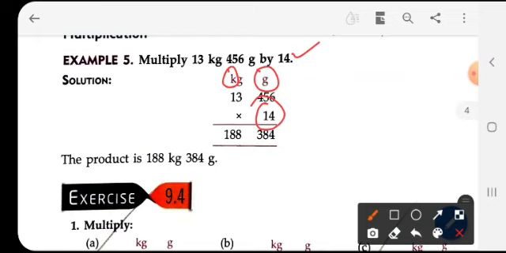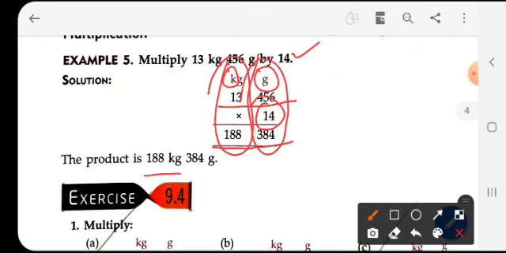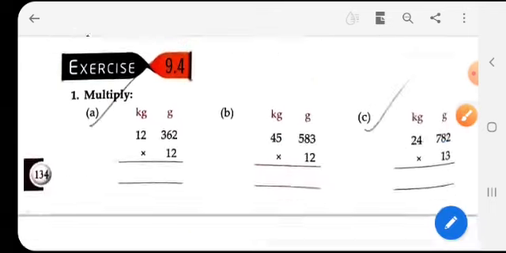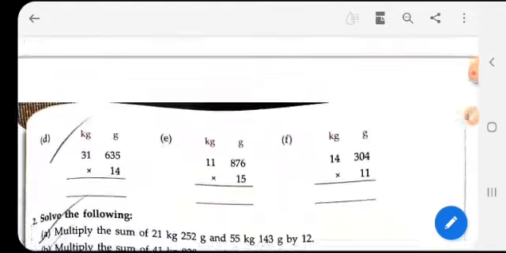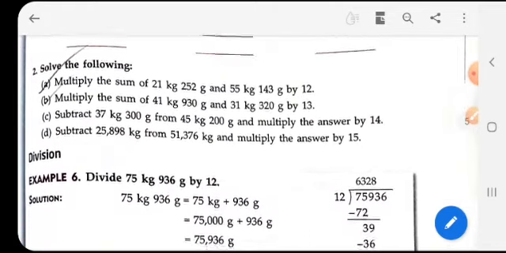You get this answer, and it is taken like this. So 188 kilograms and 384 grams is the answer. So here 9.4 is to be carried on and you will do it.